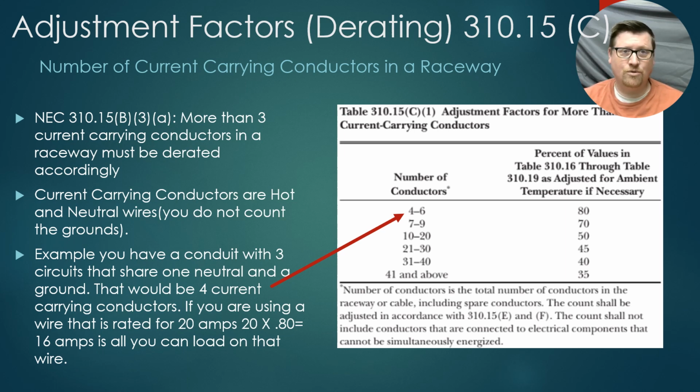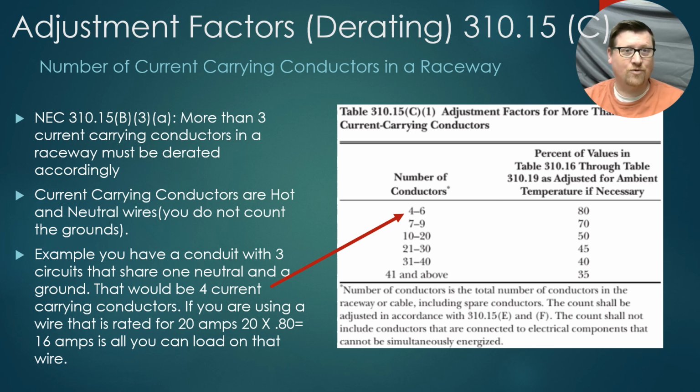Because if we chose the wire on that 60 degree column, and say it was good for, in our last example, the 22.5 amps, that's going to be a size 10 wire, good for up to 30 amps. But over in my other column, for the better insulation, it's good for more than 30 amps.